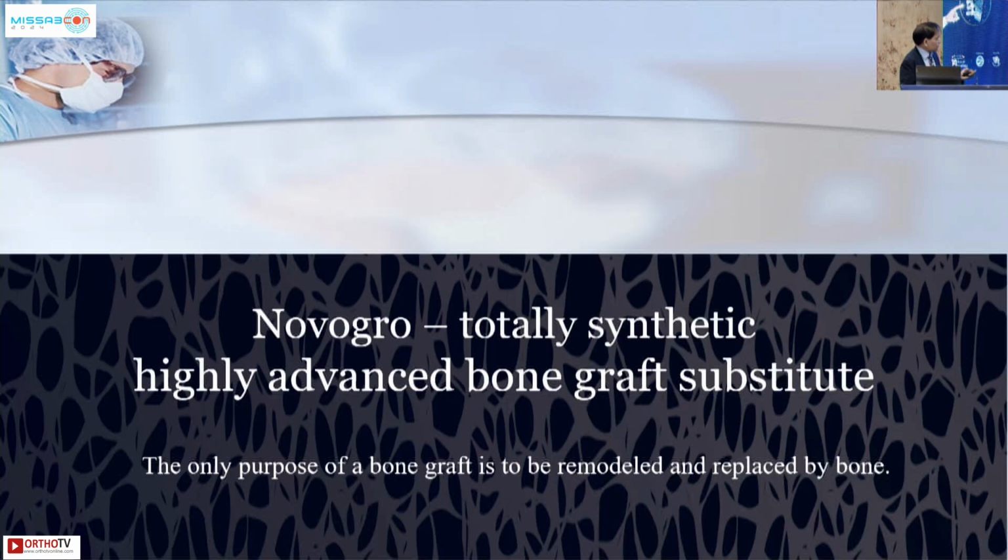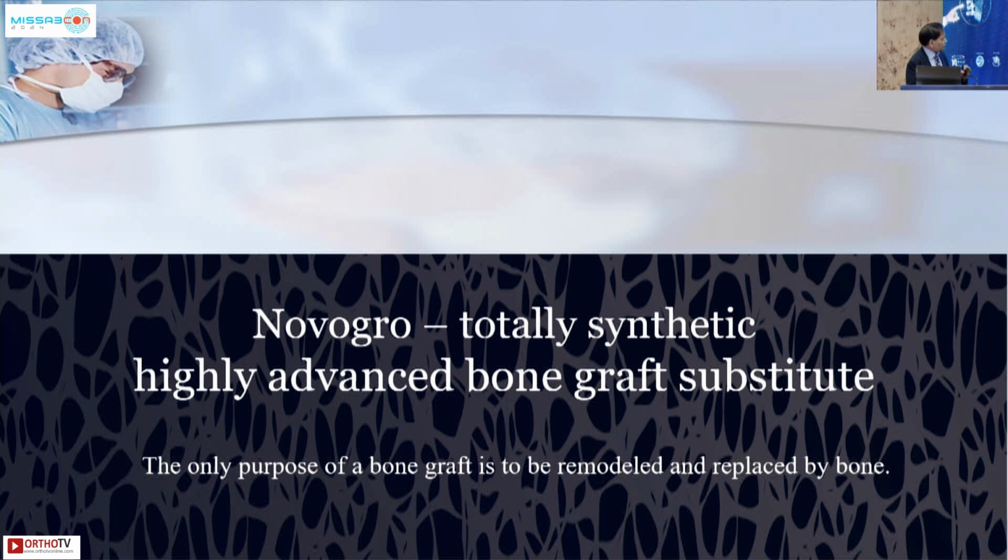NovoGro is a totally synthetic, highly advanced bone graft substitute. It's osteopromotive. The only purpose of bone graft is to be remodeled and replaced by bone. What happens is if you put alpha tricalcium phosphate or HA, bone forms on the surface, but the inside remains as the graft substitute. So it doesn't really fuse, it only superficially fuses.